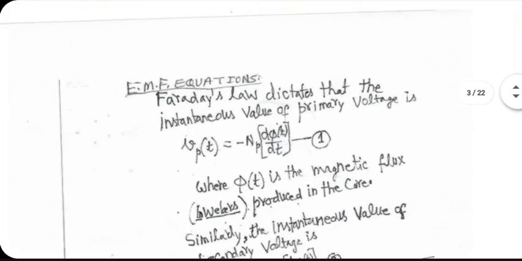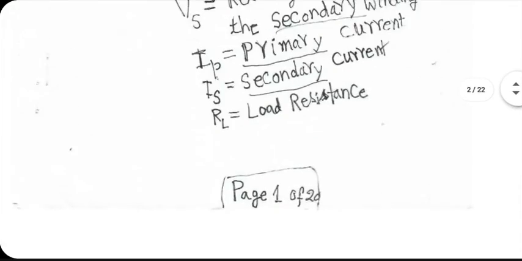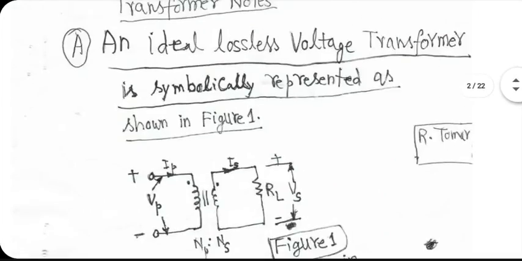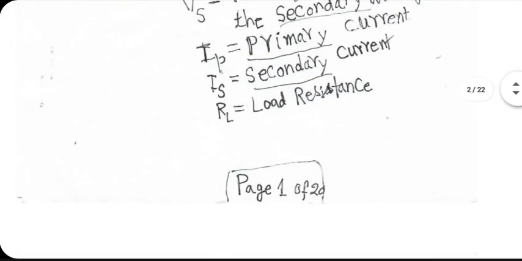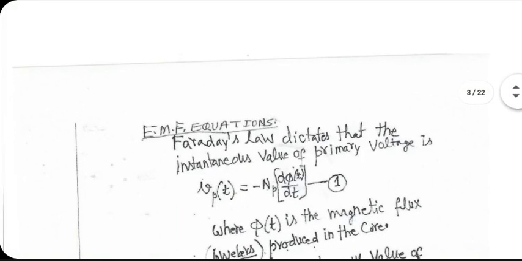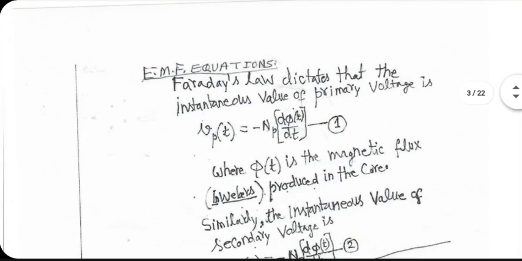Now, the voltage generated in primary and secondary, we call them EMFs because they may be different from the applied or available voltage in case of a lossy transformer. So the EMFs generated in primary winding and secondary winding can be described by means of some equations, which I'm going to show you now.